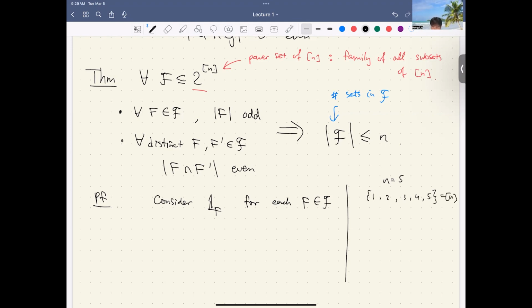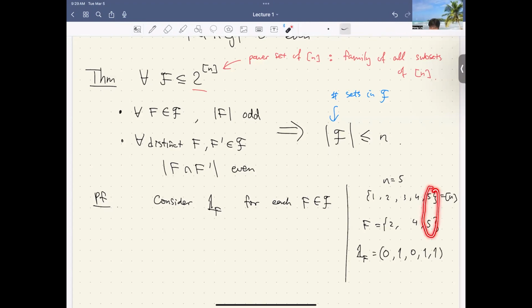If you have a subset F that looks like {2, 4, 5}, then 1_F is just a length 5 vector.